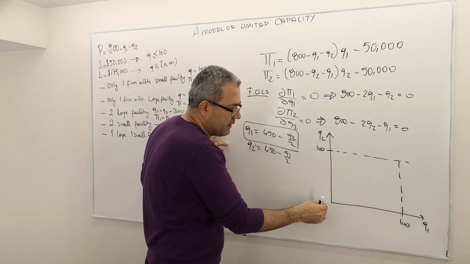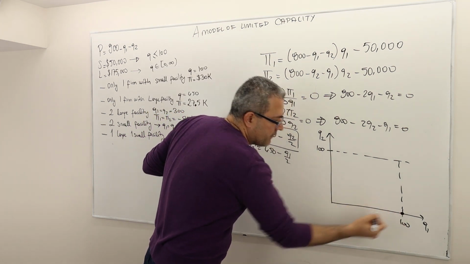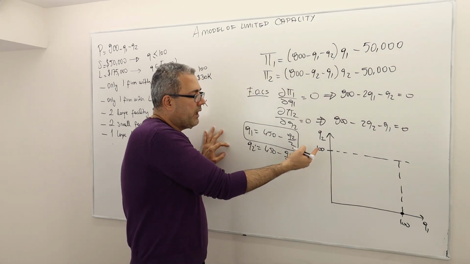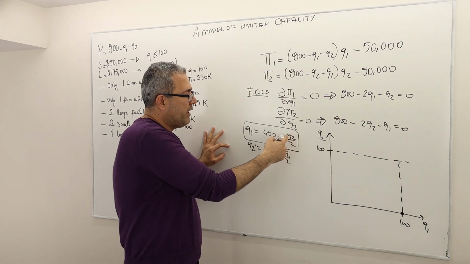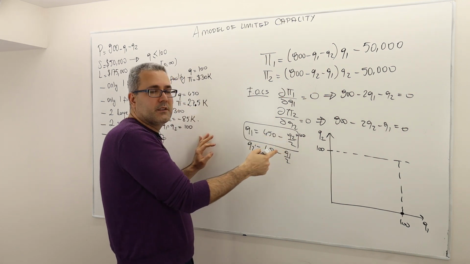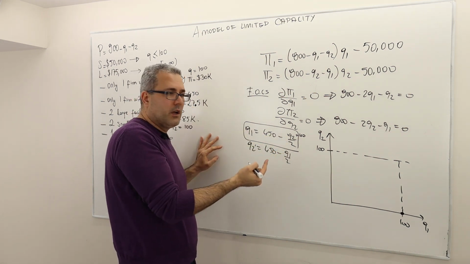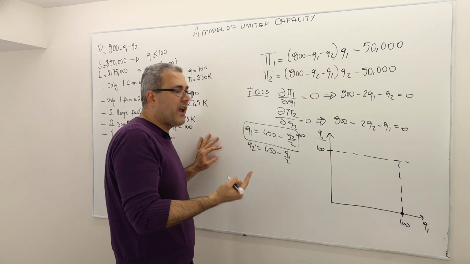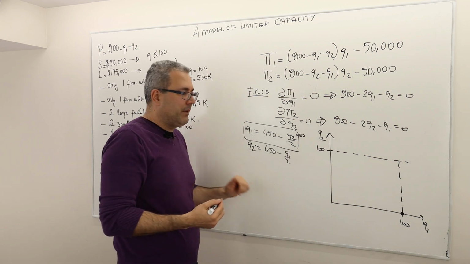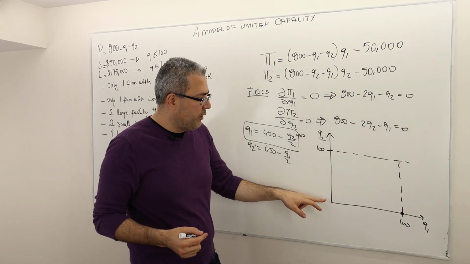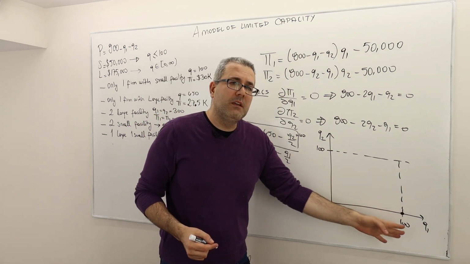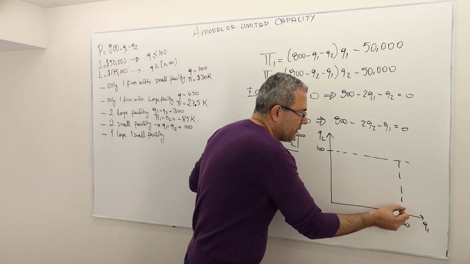So when Q2 is 0, Q1 is going to be 100. When I increase Q2, all the way up to 100, for example, so when Q2 is equal to 100, that is 450 minus 50, which means 400. But again, firm 1 cannot produce 400 units, so therefore it's still 100. That means for all the values between 0 and 100 for Q2, the optimal Q1 is in fact 100.